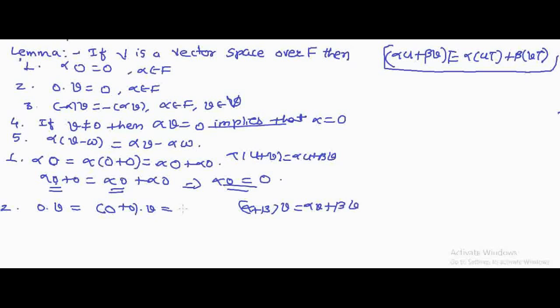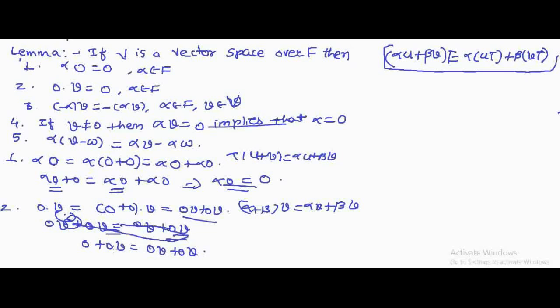So this gives me 0 into V plus 0 into V. Now for this 0V again we write it as 0 plus 0V equal to 0V plus 0V.